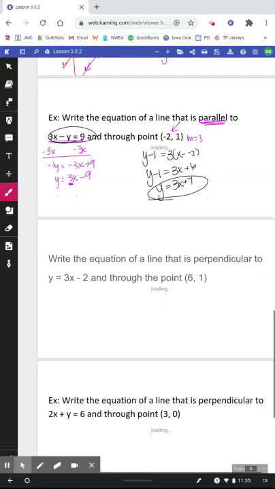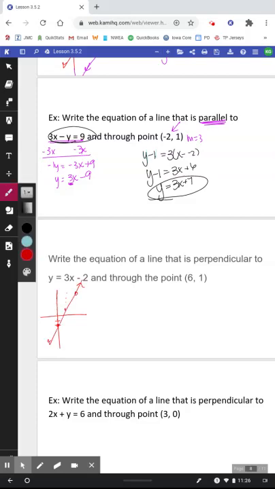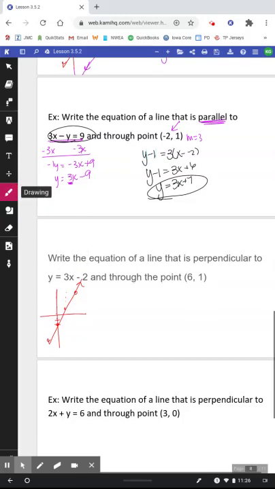Now we're working on lines that are perpendicular. So if my original line is y equals 3x minus 2, and I want a perpendicular line through the point 6, 1. So I want it to go like that to be perpendicular.